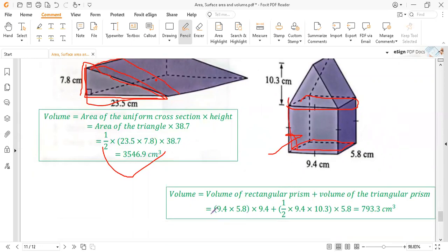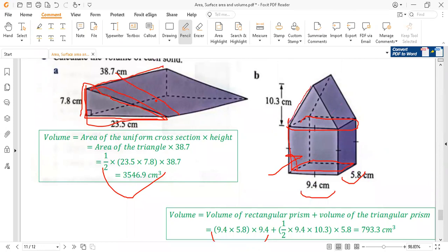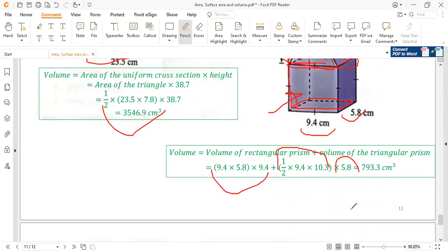It is not a cube, it is a rectangular prism, because a cube has all sides equal, but here we have 9.4 and a height of 5.8, so it is a rectangular prism. Plus, for the triangular prism, the uniform cross section is this one, so it is 1/2 by base by height, with the height equal to 5.8. This is the height referring to this triangular prism.